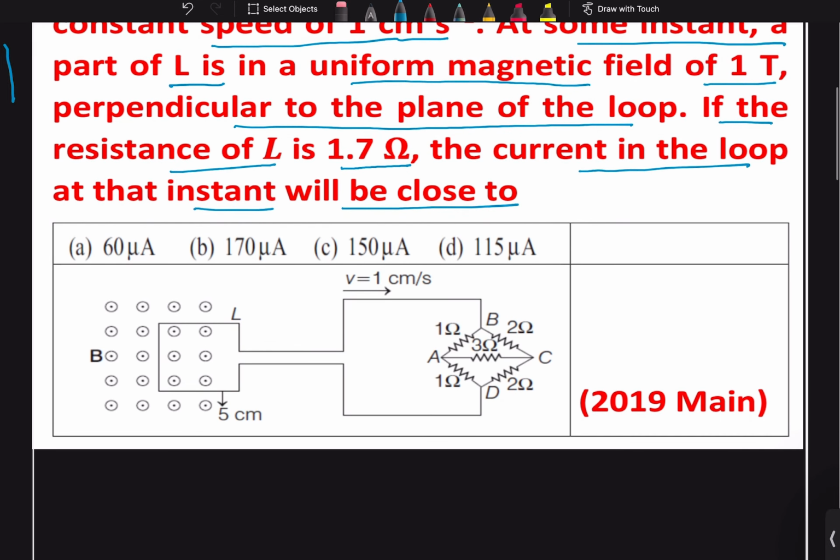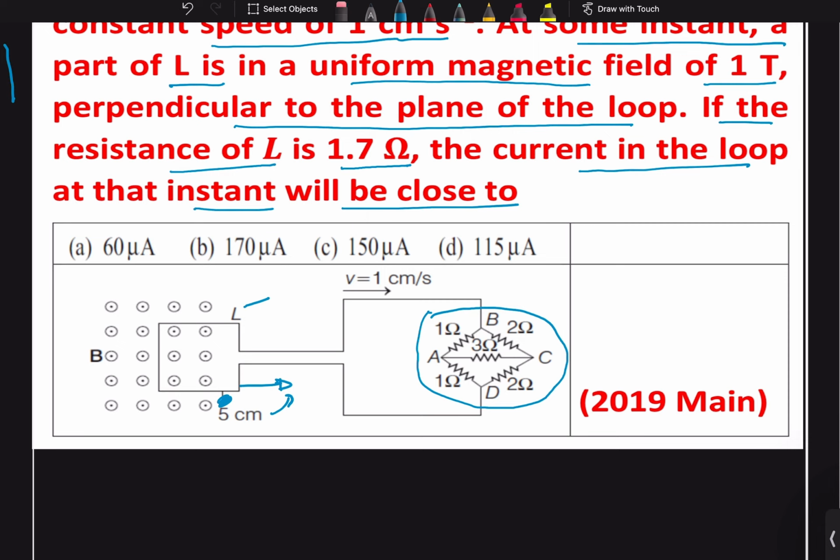So we are given this figure, and in this figure we have a loop L which is moving towards the right, in this direction, with a speed of 5 centimeter per second, and there is a resistance network which is basically a Wheatstone bridge. If we look closely, this Wheatstone bridge is actually balanced.